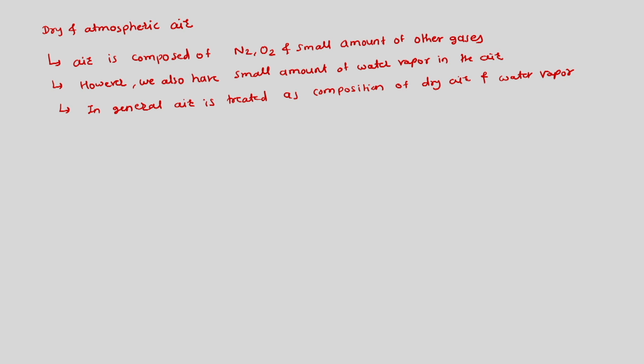Air plus water vapor is treated as the air in general, and the air part of it is called dry air. So air will be a mixture of dry air plus water vapor. Now the mass of water vapor is omega for unit mass of dry air.